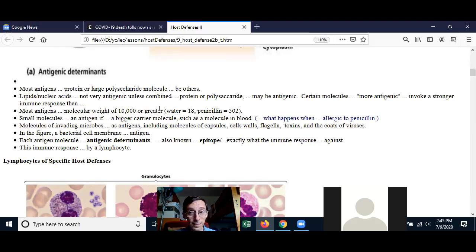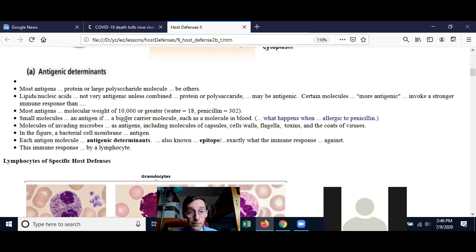It means that the host evokes a stronger immune response against an antigen that is more antigenic than it will against an antigen which is less antigenic. Did I confuse anyone yet? And so the more antigenic molecules tend to be proteins and large polysaccharides.